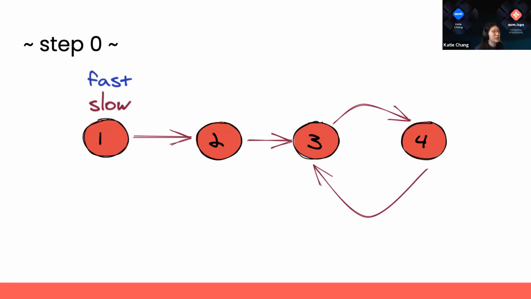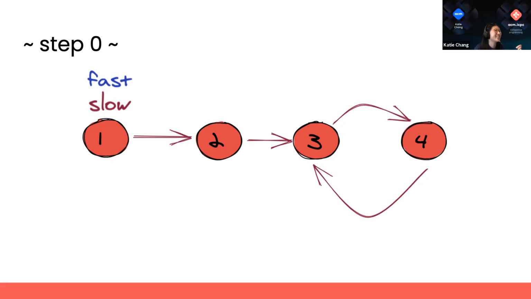So it's slow equals slow.next, and then within the loop, fast is equal to fast.next.next. So then the fast one will be visiting every other element: 1, 3, 3, 3, 3, 3, 3.